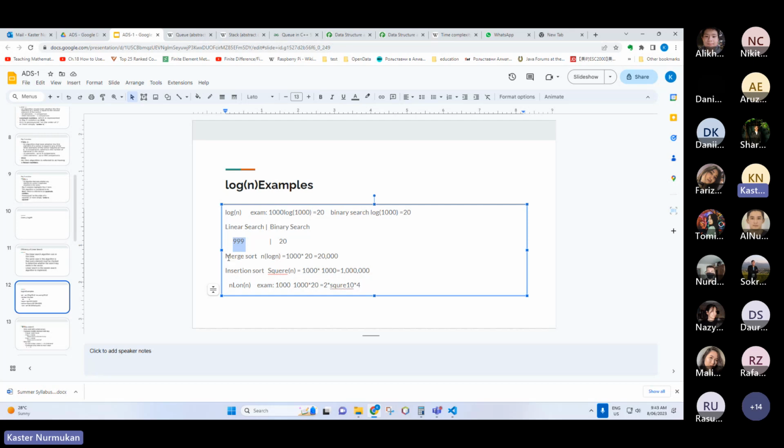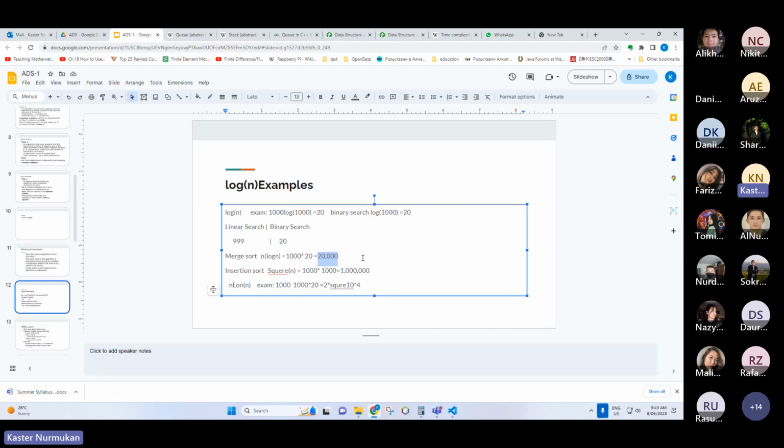The merge sort example is much more interesting. It shows n log n. If you understand log n, you just multiply by n. For example, n is 1,000 and log n is about 10.